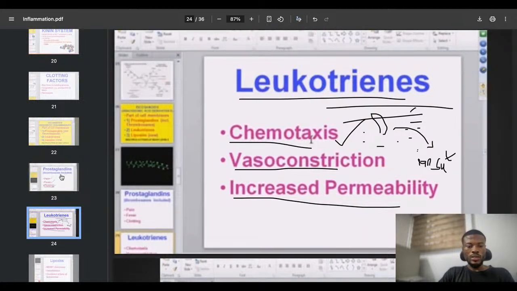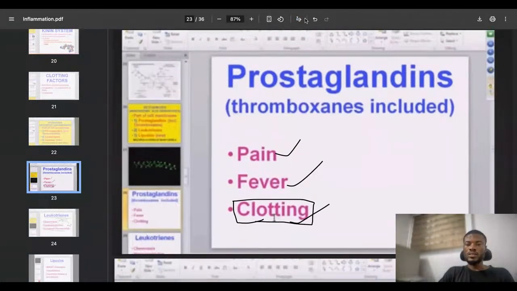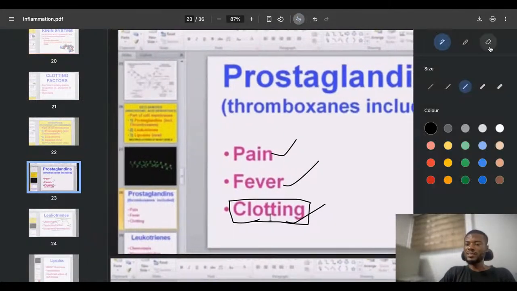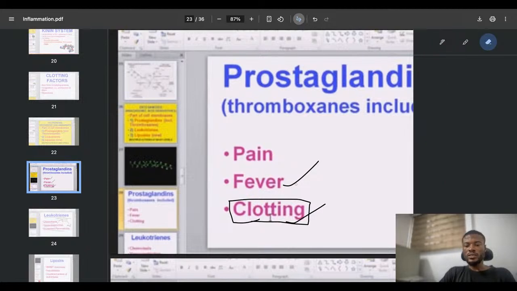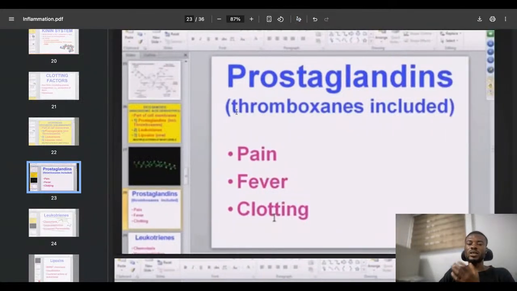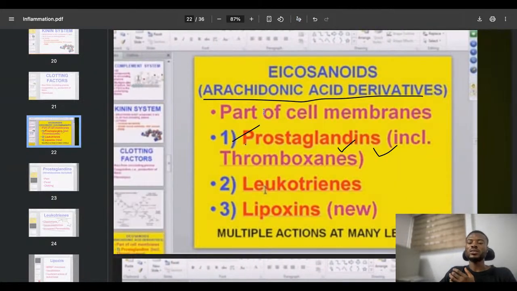So let me go back. I said that we have prostaglandins, and they are part of what we call eicosanoids. Eicosanoids are produced through the arachidonic acid pathway.